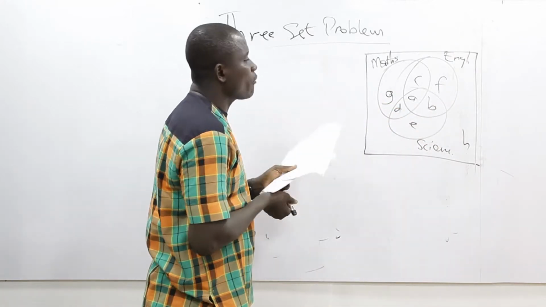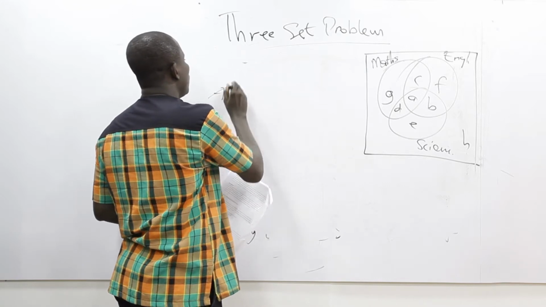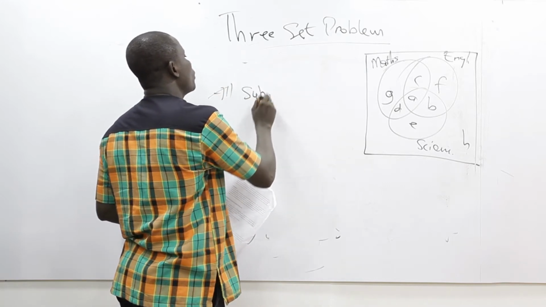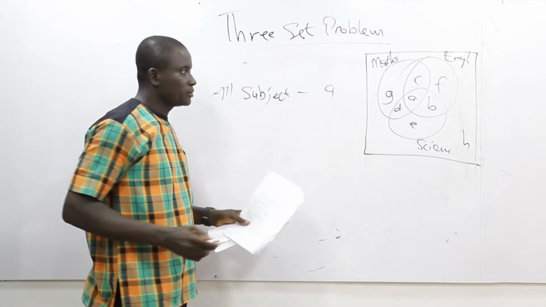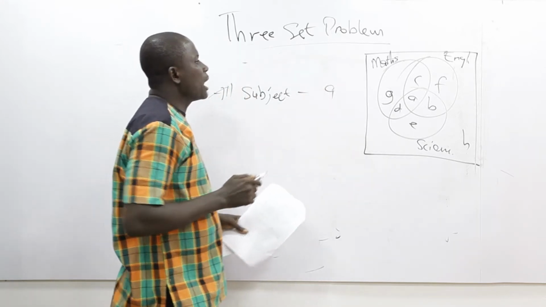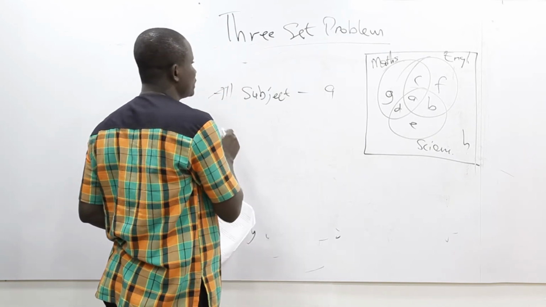So how many people offered all the 3 subjects? The number of people who did all subjects is A. Then how many people offered only maths?